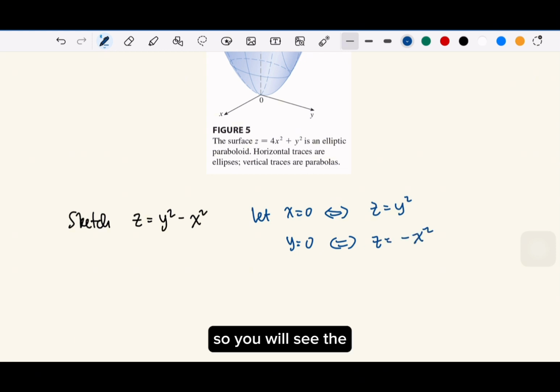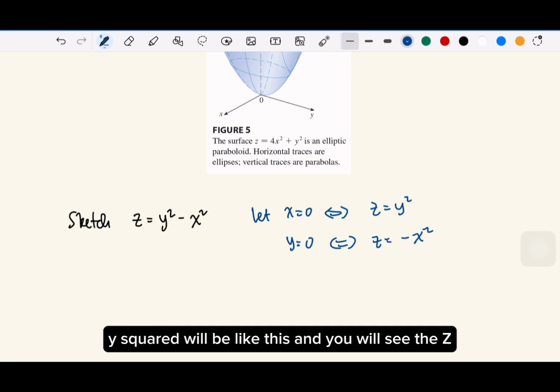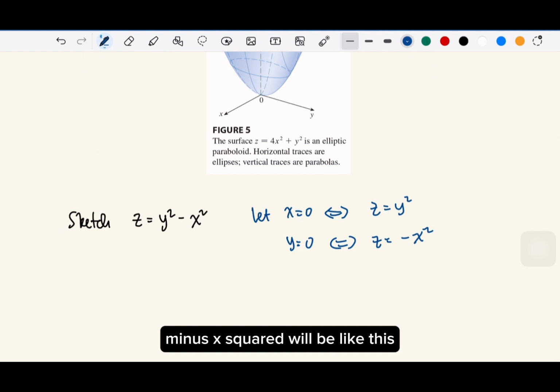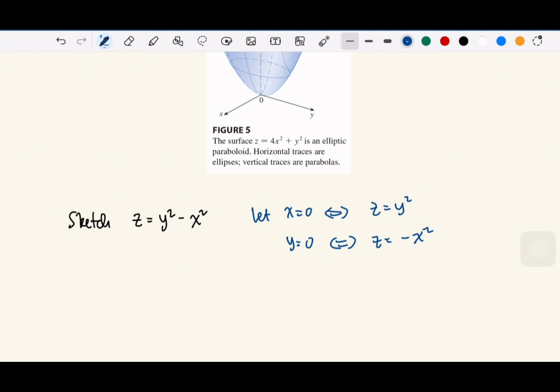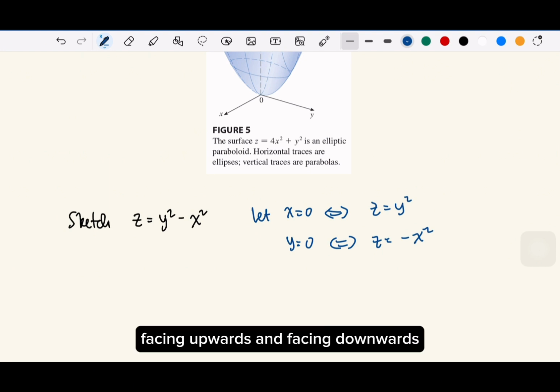So you will see the y squared will be like this, okay? And you will see the z equals minus x squared will be like this. It's having the parabola facing upwards and facing downwards.